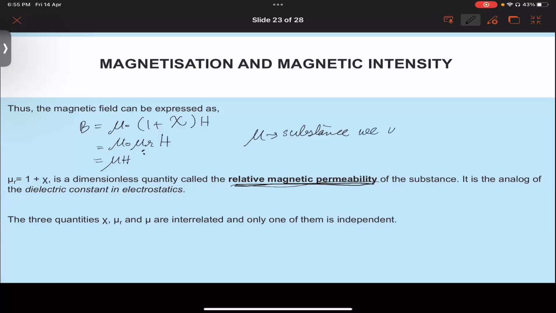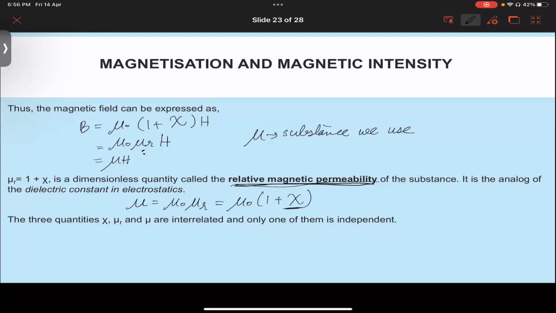Mu r is relative, and mu is the magnetic permeability of the substance, which we can get as mu 0 mu r, that is mu 0 (1 plus chi).